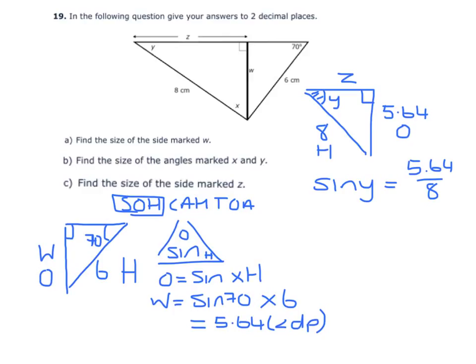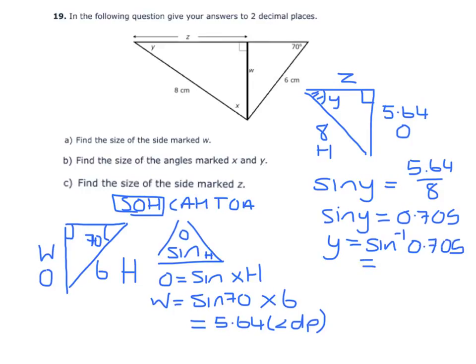So the sine of Y is 0.705. So Y will be shift sine, inverse sine of 0.705, which gives us 44.83.